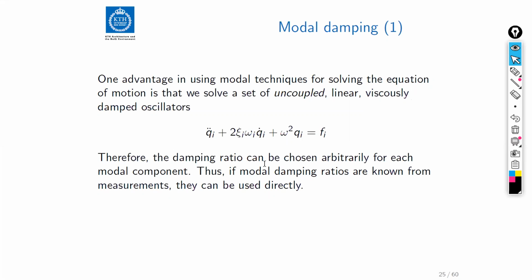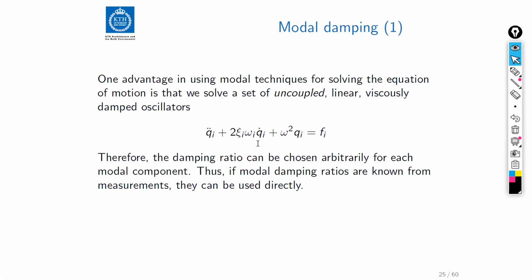But the most common way of solving structural dynamics problems in practice in our everyday engineering judgments is to use modal analysis. And as you know, this gives us a set of uncoupled linear and viscously damped oscillators. And they have this form here, where the q's are the generalized coordinates of the corresponding modes, mode number i.